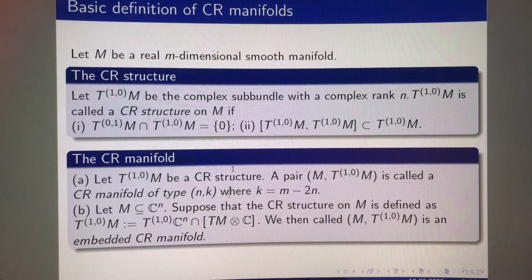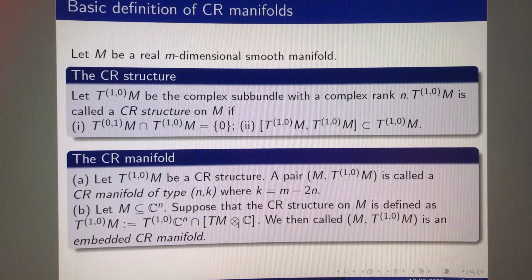In particular, if this real manifold M is a submanifold of a complex Euclidean space, the CR structure is defined as the holomorphic tangent vector space of Cn intersected with the complexification of the tangent bundle.